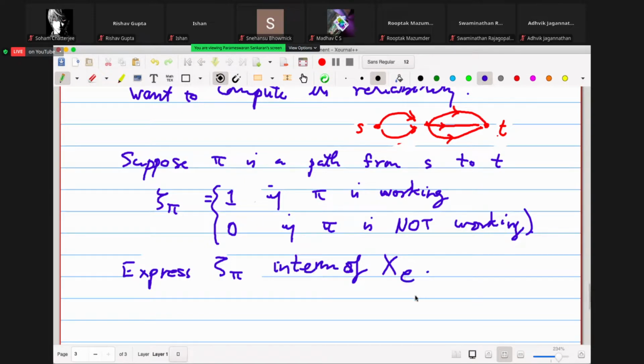If you have a path, let's simplify that. E is along this. This is my path pi. Each one of these should be working in order for this to work. So how can pi fail?